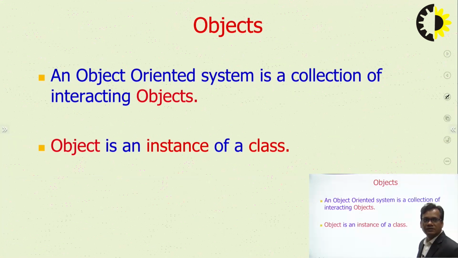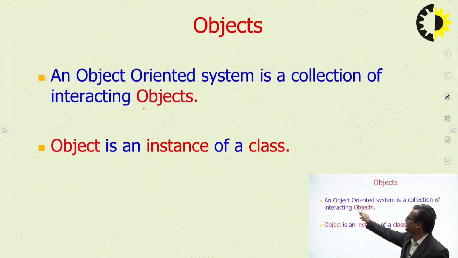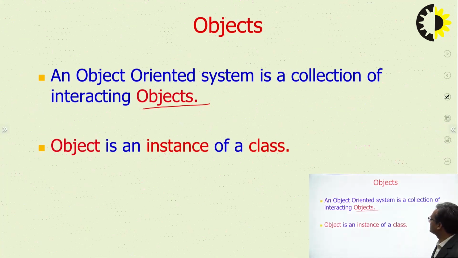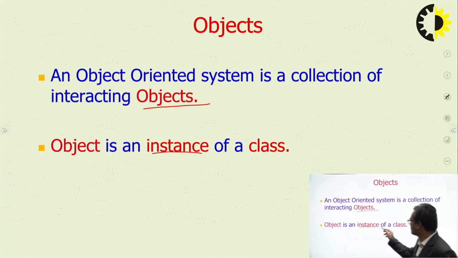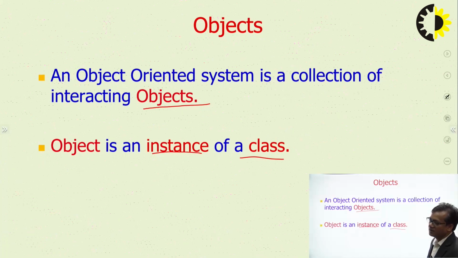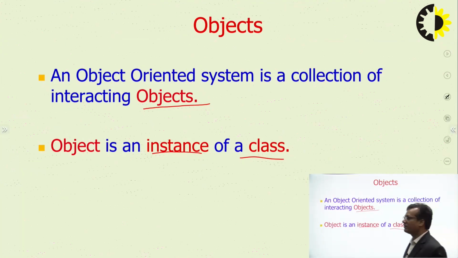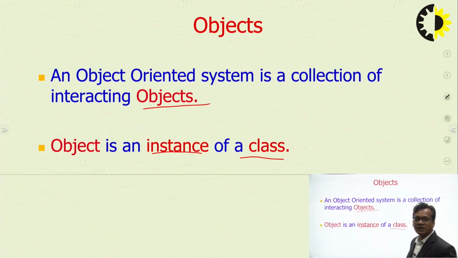Object oriented programming system is a collection of interacting objects. An object is an instance of a class. As in the previous example, we have created 3 objects of a Circle class.